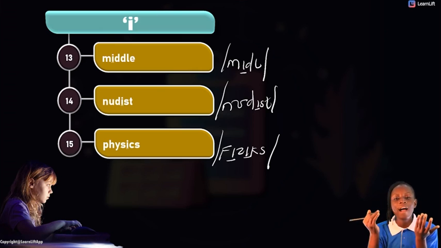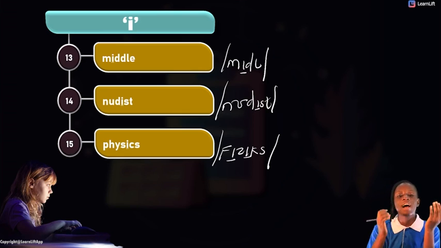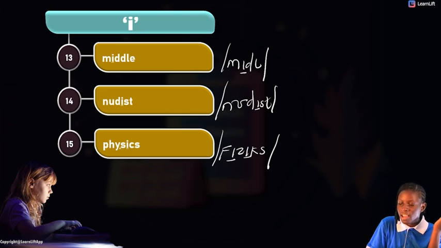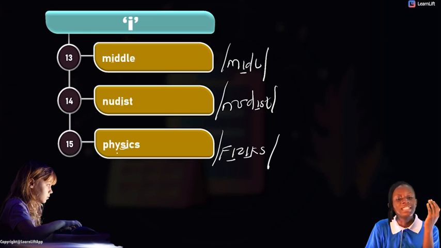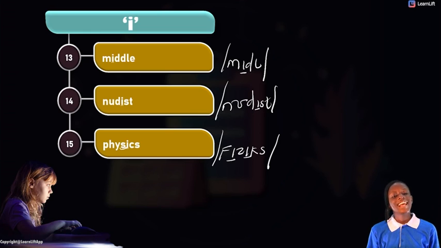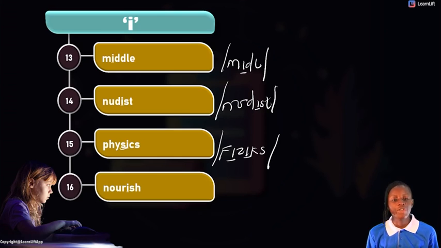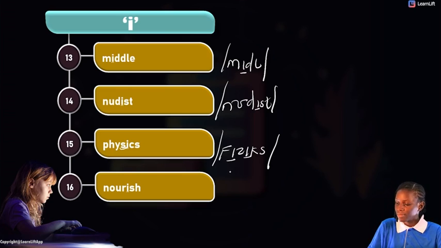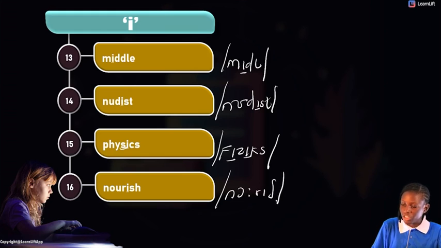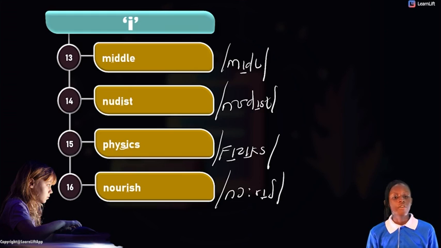And you may wonder why we have our Z. Now when I pronounce the word physics, I'm not saying an S. This S gives us the Z sound. Okay, next example we have nourish. Now our nourish is transcribed as nourish. Now this is our E sound, nourish.